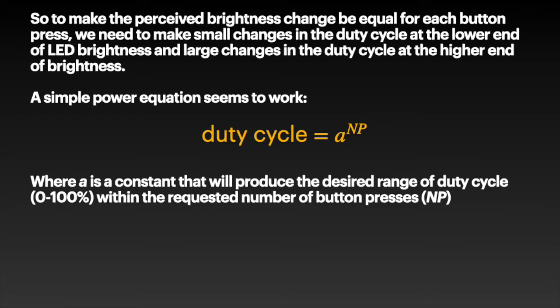So what will be important is figuring out the best A to cover the duty cycle range of 0 to 100% within a certain number of button presses. So in my program, I asked the user how many button presses they'd like to have between 0 and 100%.